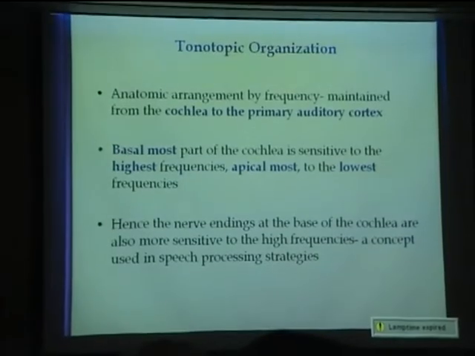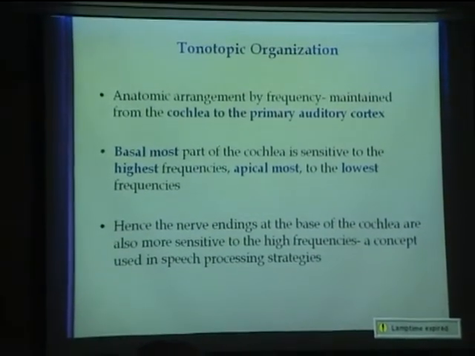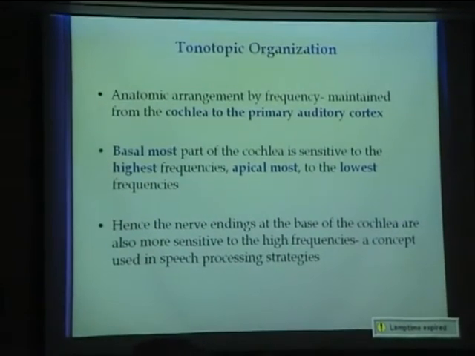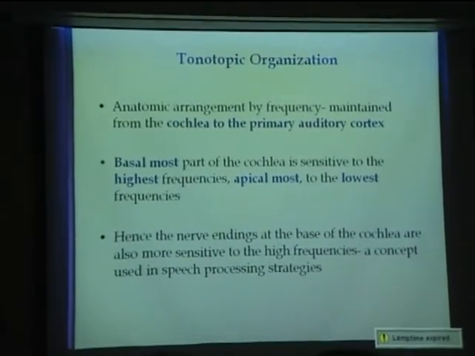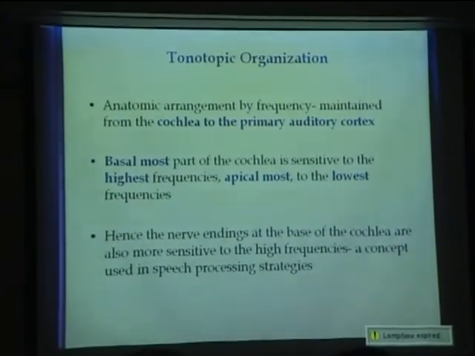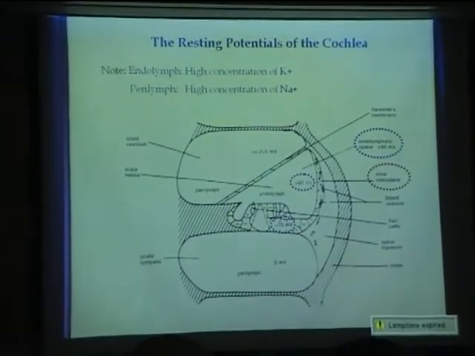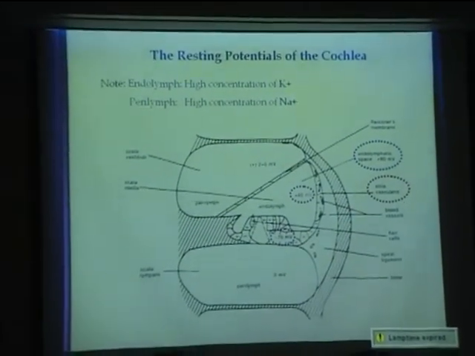Hence, the nerve endings at the base of the cochlea are more sensitive to high frequencies, whereas those at the apex of the cochlea are sensitive to the low frequencies. And this is very important when you're putting an electrode inside and you want to get close to the correct neurons.